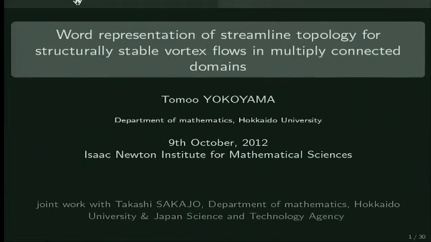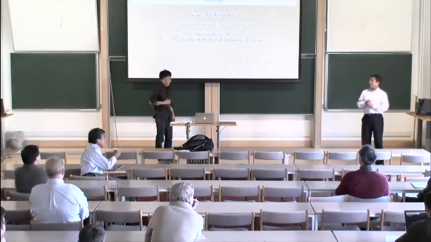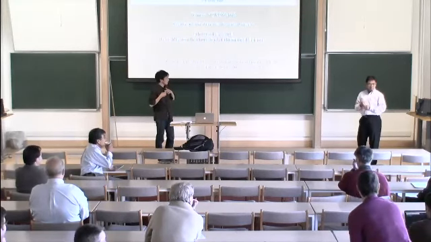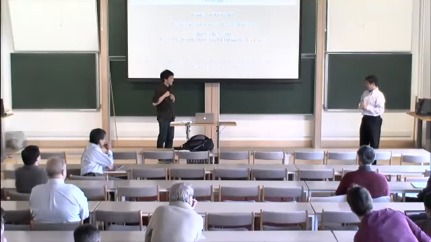Well, anyway, the title of his talk is "Word Representation of Streamline Topology for Structurally Stable Vortex Flows in Multiply Connected Domains." Hopefully, Word is not Microsoft Word. Or Japanese words? Well, no. It's an alphabetic word, I understand.